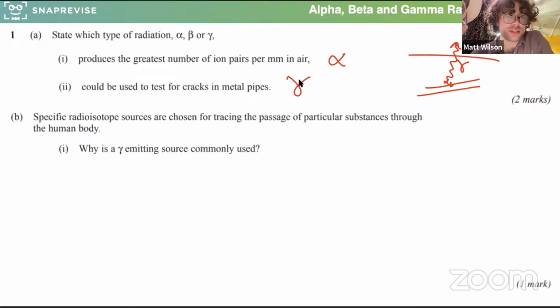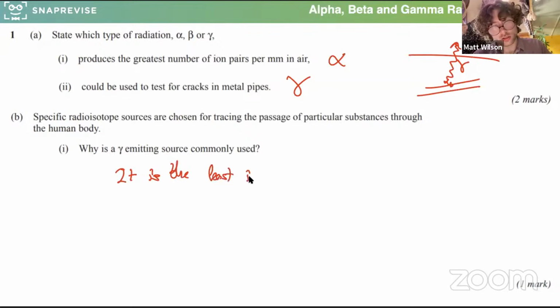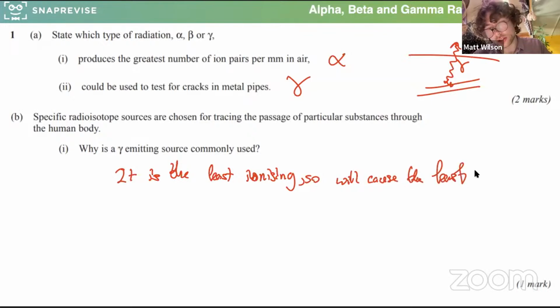Okay, next question. Specific radioisotope sources are chosen for tracing the passage of particular substances through the human body. Why is a gamma emitting source commonly used? Okay, it's something that we've already talked about. It is the least ionizing, so will cause the least damage inside the body.